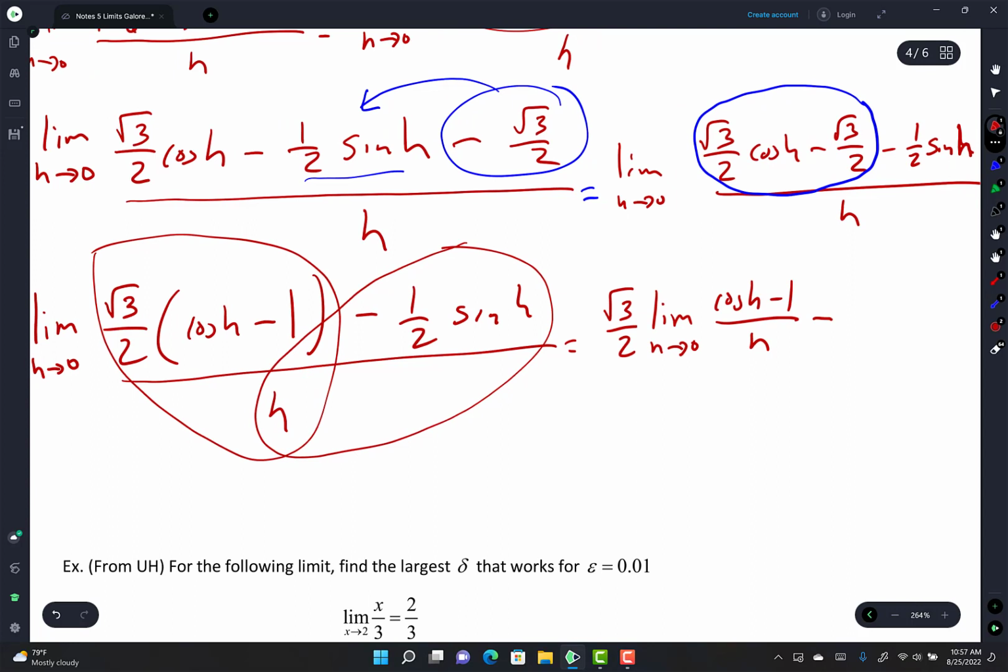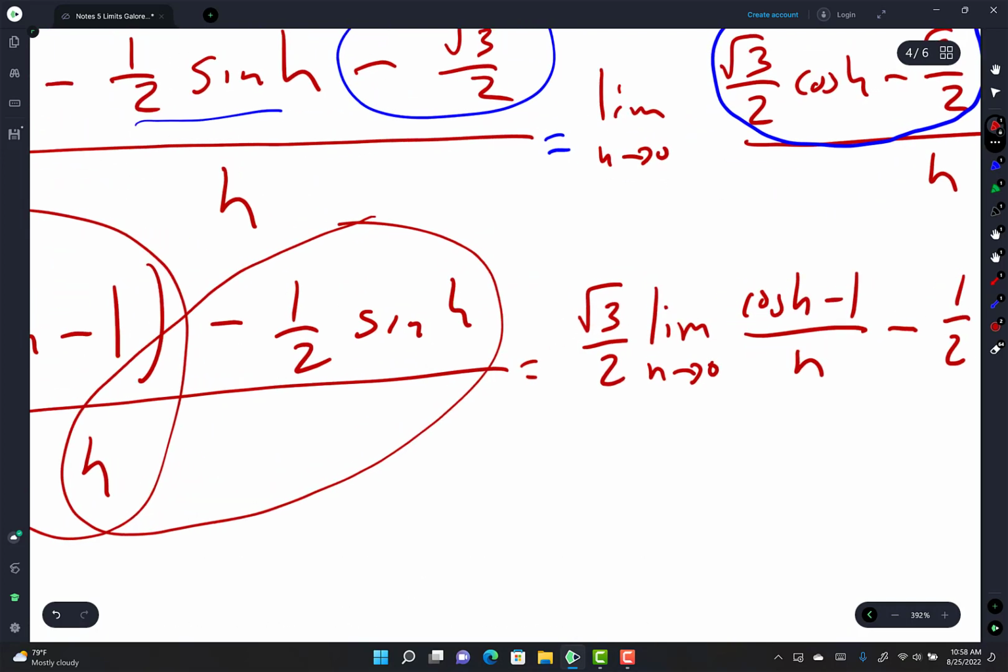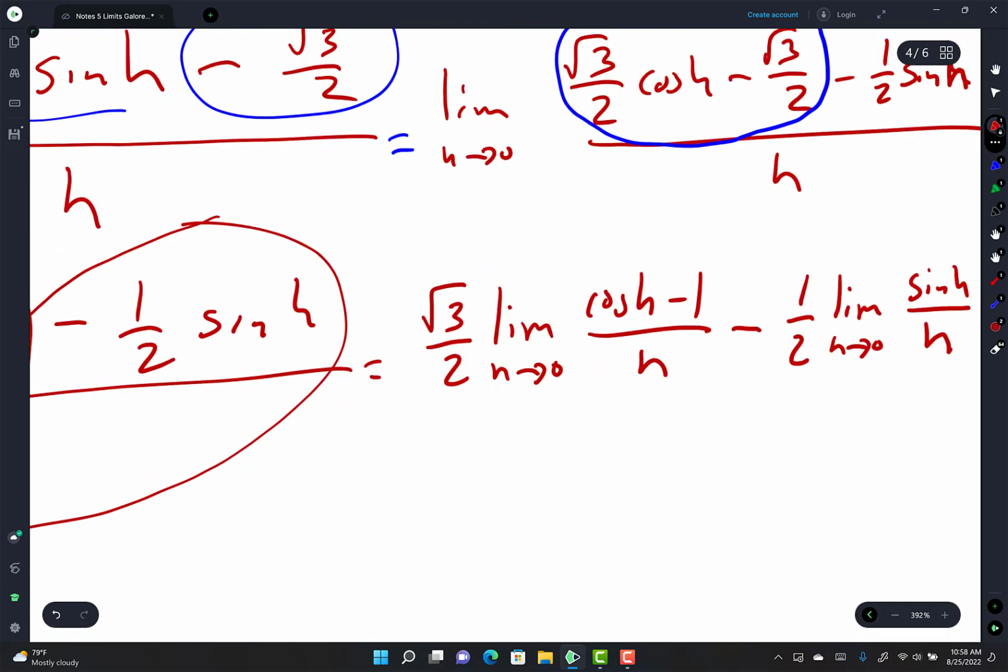I'm going to put minus, and put this half in the front, then the limit as h approaches 0 of sine h over h. I just used the properties that we learned last week. I was multiplying by a constant, so I just put it to the front.